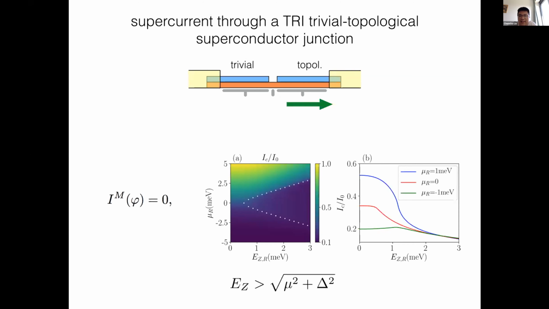As shown in the cut lines on the right, the critical current will monotonically decrease with an increasing strength of the Zeeman field in the topological superconducting side. And when the right superconducting lead enters the topologically non-trivial phase, the critical current will reduce significantly. In this case, there should be no contribution from the Majorana zero mode.